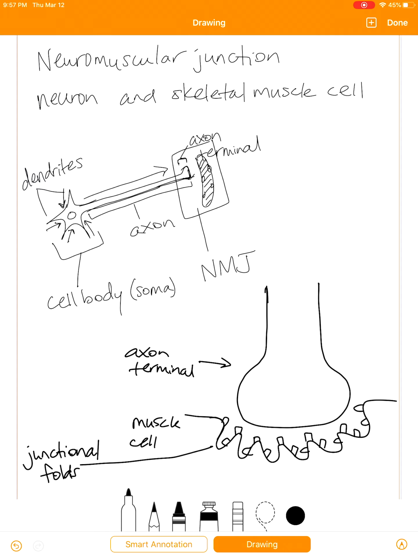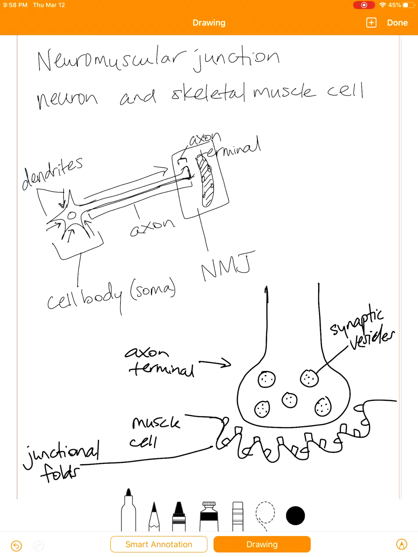Now in the axon terminal, we have little vesicles called synaptic vesicles. So this is a synaptic vesicle. And synaptic vesicles hold chemicals called neurotransmitters. Okay, so that's these little dots I'm going to put in here. These are neurotransmitters.